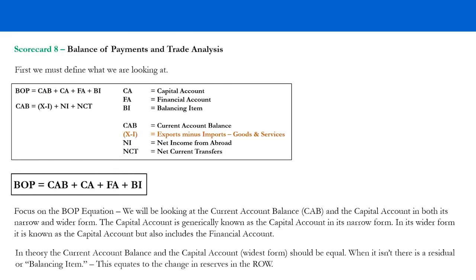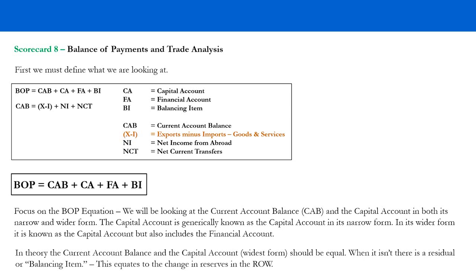First, we're just going to define exactly what we're looking at. Much earlier in the video series, in Foundation, we introduced you to the balance of payments and the current account balance as part of that, with the capital account, the financial account, and the balancing item. Now, a country's balance of payments is the sum of all these parts. So the current account balance plus the capital account plus the financial account plus the balancing item.